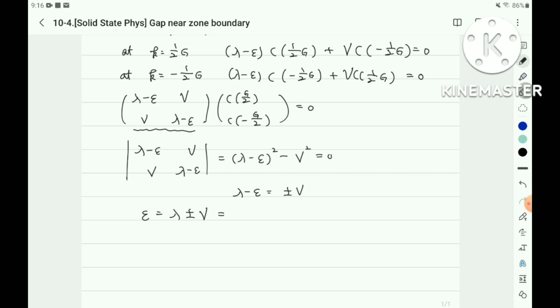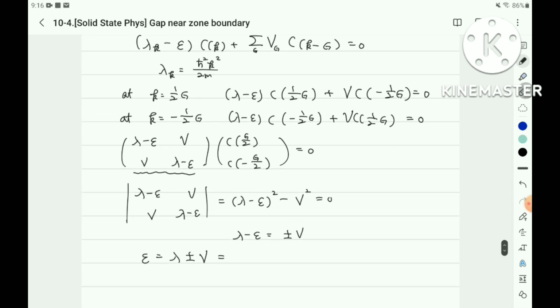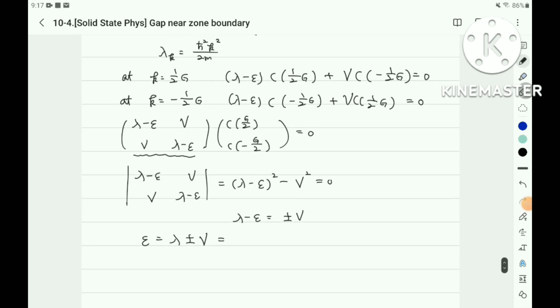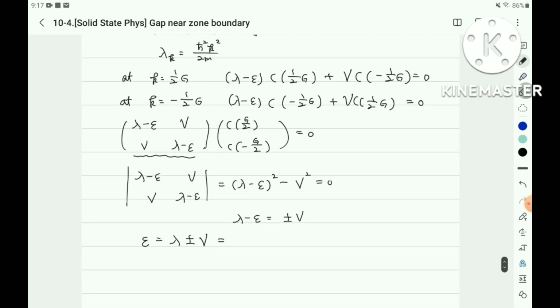Anyway, the energy has the kinetic energy h bar squared k squared over 2m, and h bar squared k squared at the zone boundary is g half squared, plus or minus v.